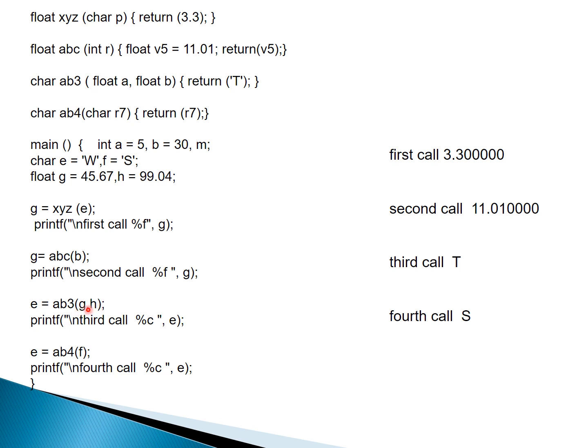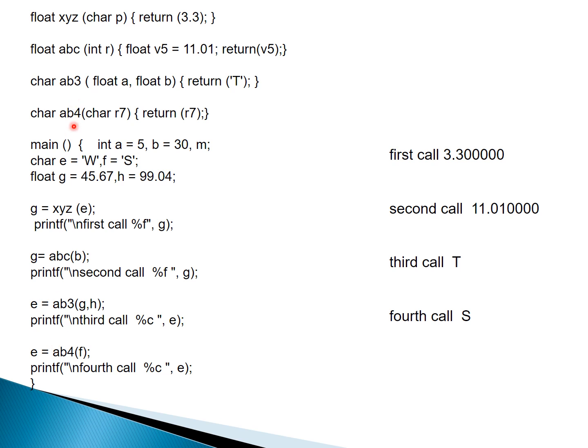The value of g will be stored on a, and the value of h will be stored on b, and it will return t. The capital T will be returned and stored on e. When we print e, it will print this.